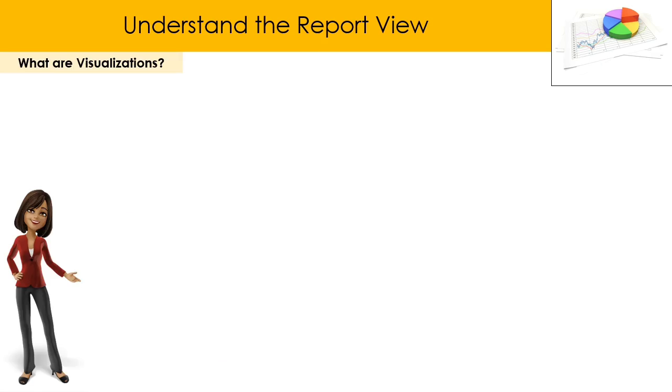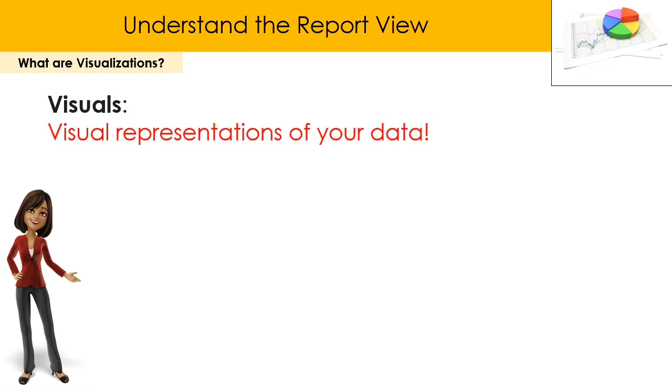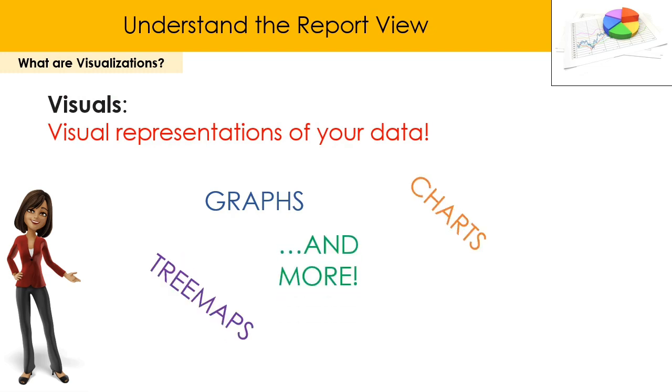So what are visualizations? There's no trickery involved in the name here. Visualizations, also called visuals, are exactly what they sound like. They are the visual representations of your data. They include every kind of graph, chart, and tree map you can imagine.